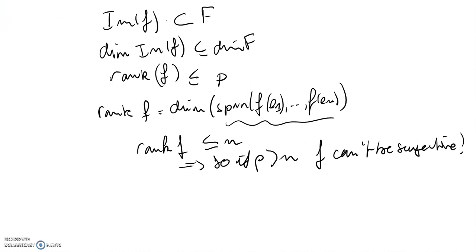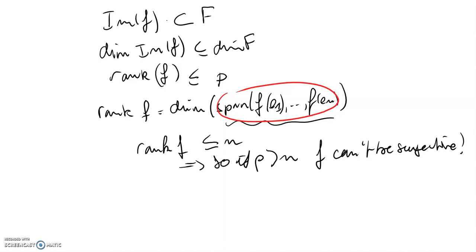The idea is that this set won't be able to span a space of dimension bigger than n because we only have n elements. So I won't be able to make a basis of size bigger than n. So if p is bigger than n, for sure the map can't be surjective.